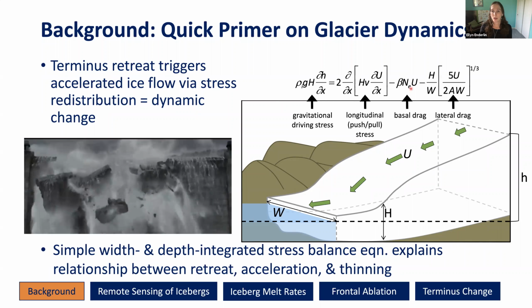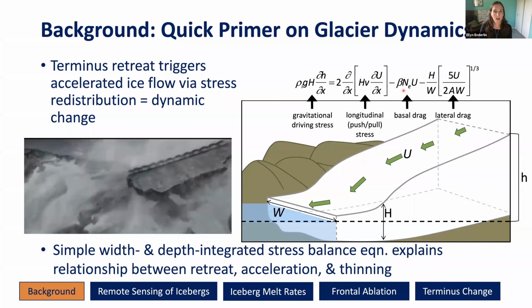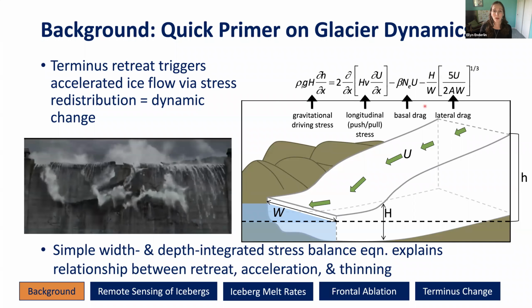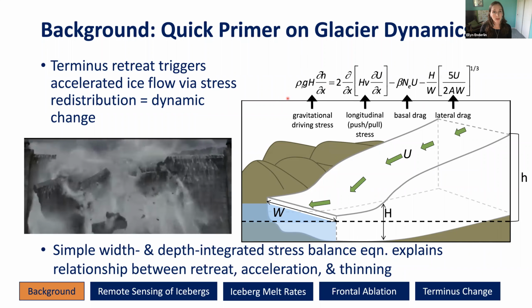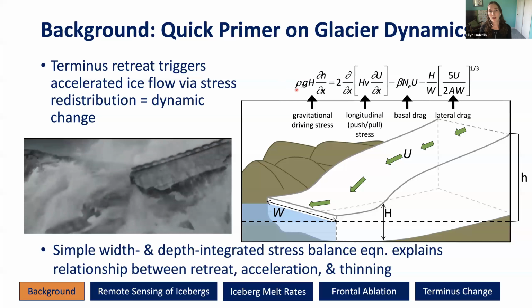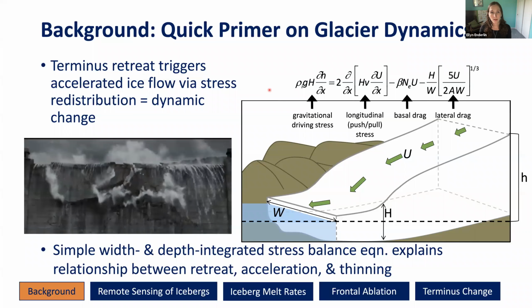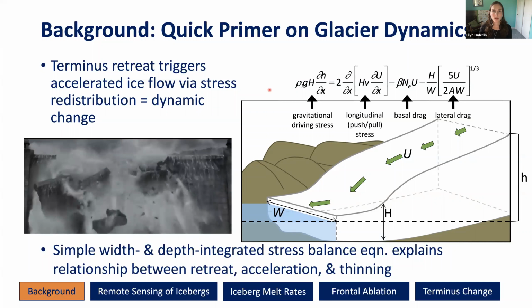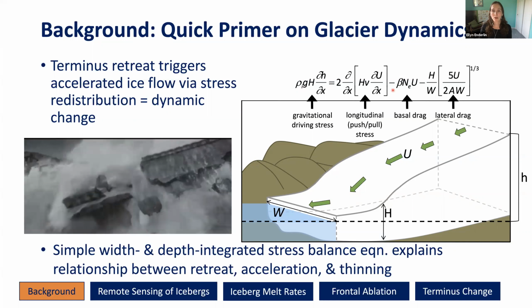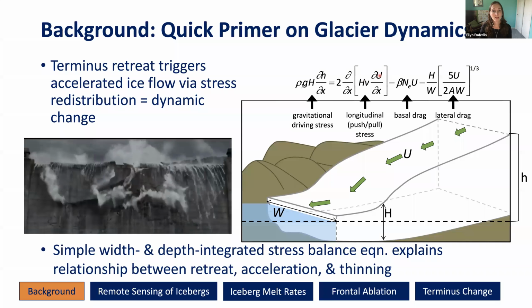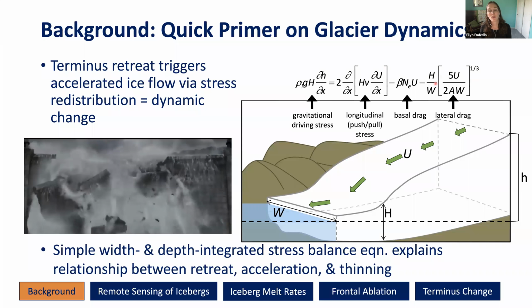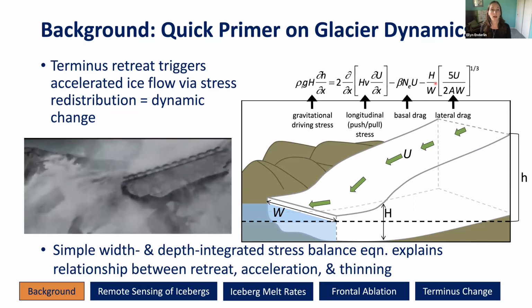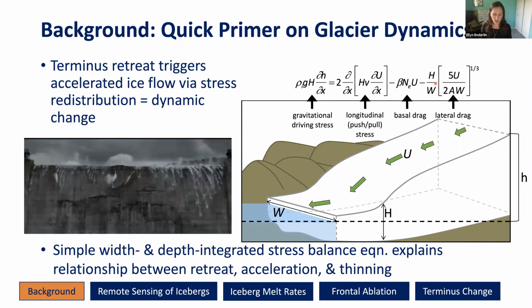And actually they all are a function of the thickness as well. It's less obvious with this basal drag term. And then this term here, the driving stress term on the left-hand side, is a function of the thickness and the surface slope. And so you can see here that if we change our velocity in these equations, we have to change our thickness. That has to evolve over time in order to maintain this balance.